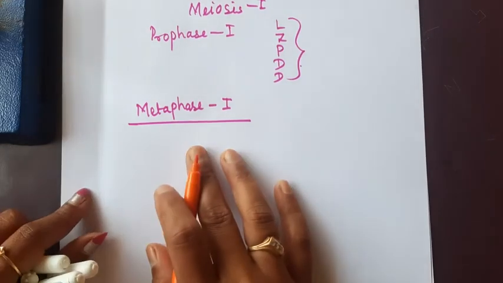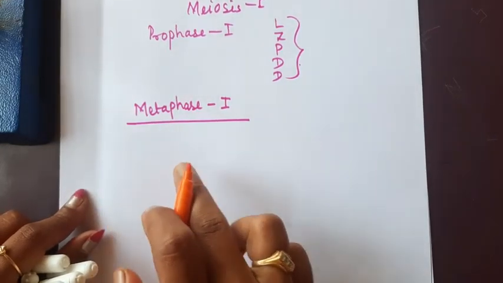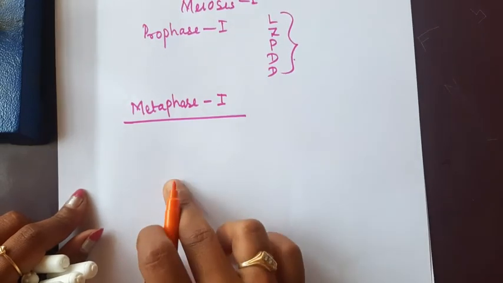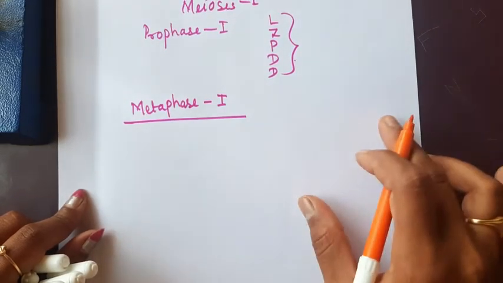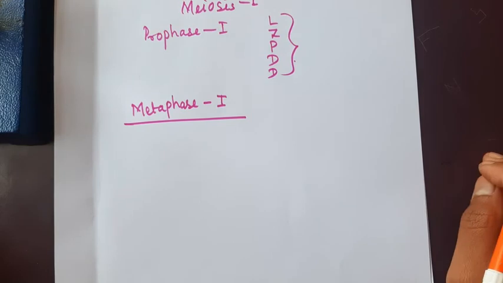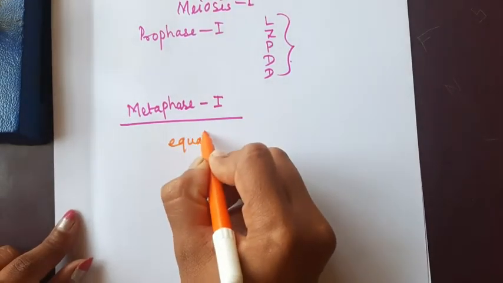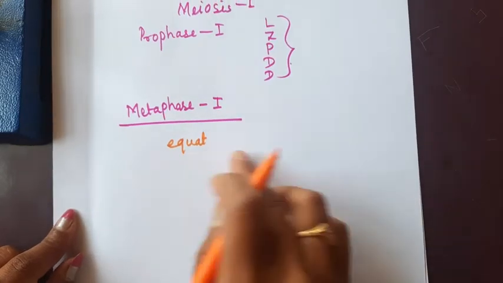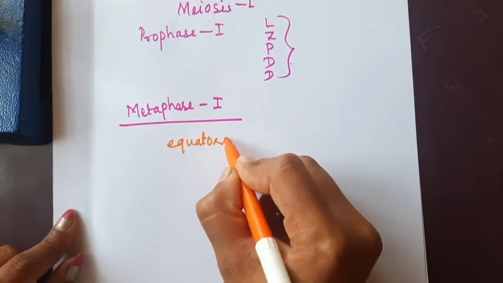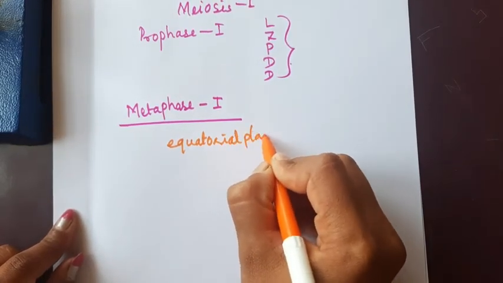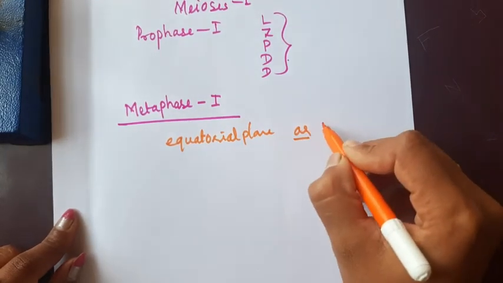Here I can write that homologous chromosomes which are present in the cell are arranged on the equatorial plane or the metaphasic plate. Equatorial plane and the metaphasic plate both are the same.